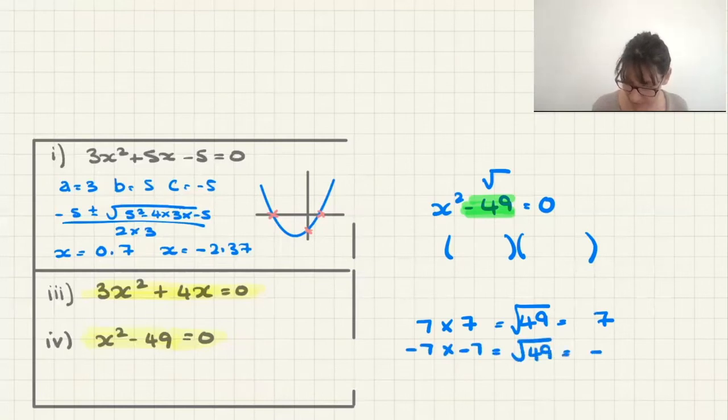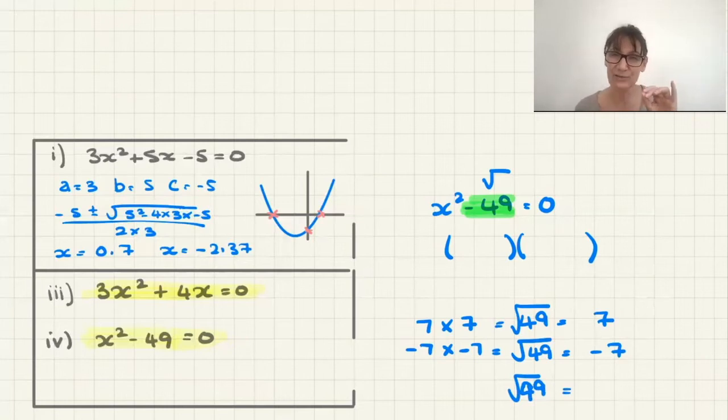So how do you know the answer isn't minus 7? If you're square rooting a number, let's say 49 again, the better answer to give, the more precise and accurate answer to give is plus or minus 7, because it could have come from either one of those calculations.